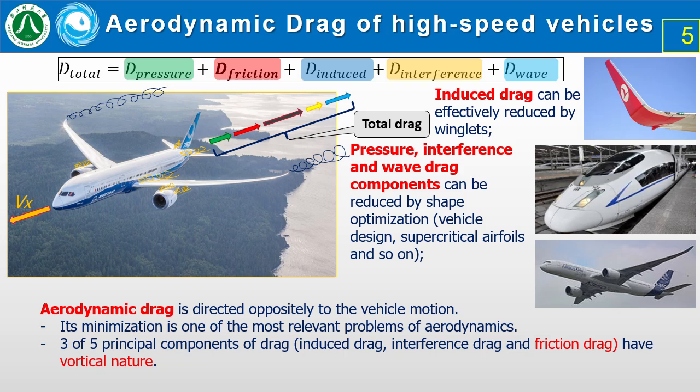The induced drag can be effectively reduced by winglets. Pressure, interference, and wave drag components can be reduced by shape optimization that is currently close to optimal. That's why the friction drag is the important component for its reduction.